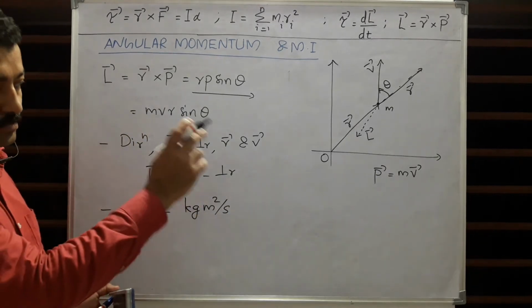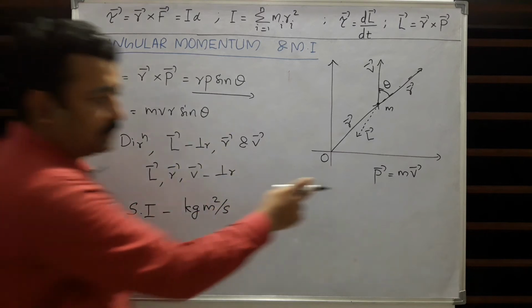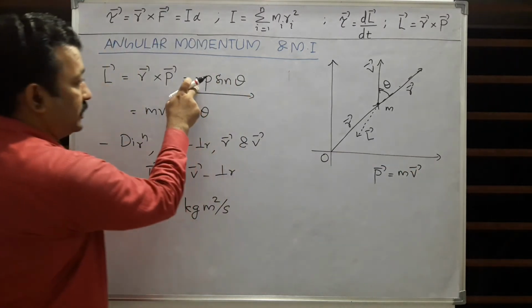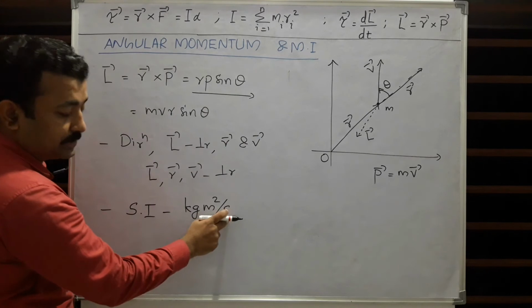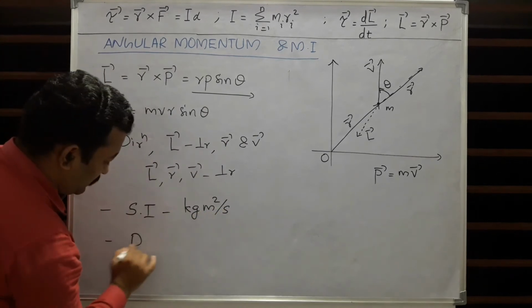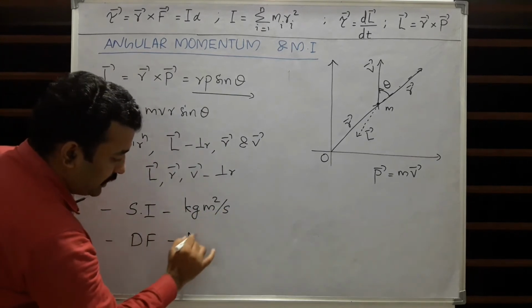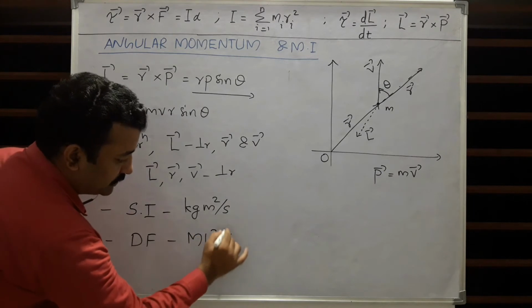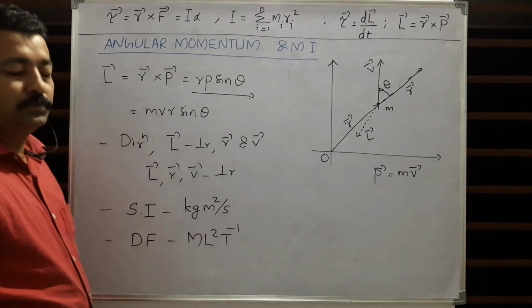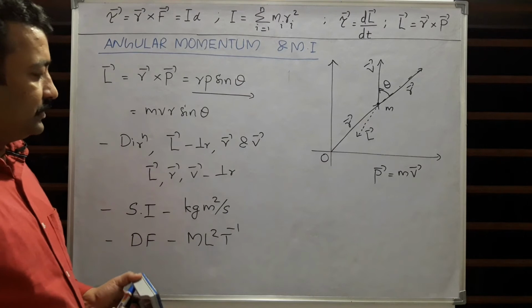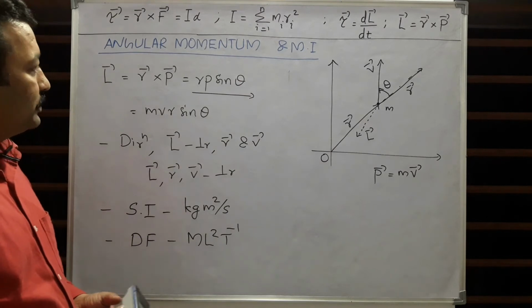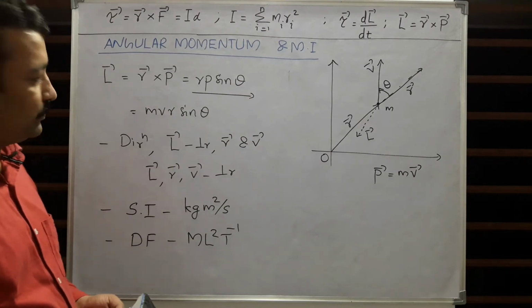And the dimensional formula will be M L square T raised to minus 1. This is the simplest definition we can obtain for angular momentum in terms of r and p.